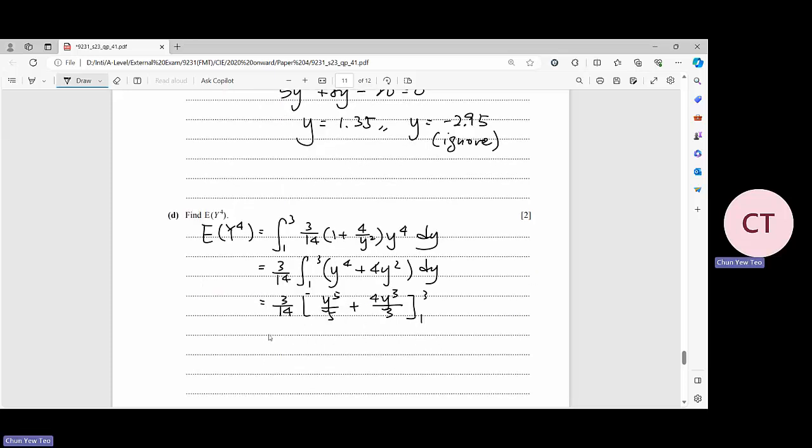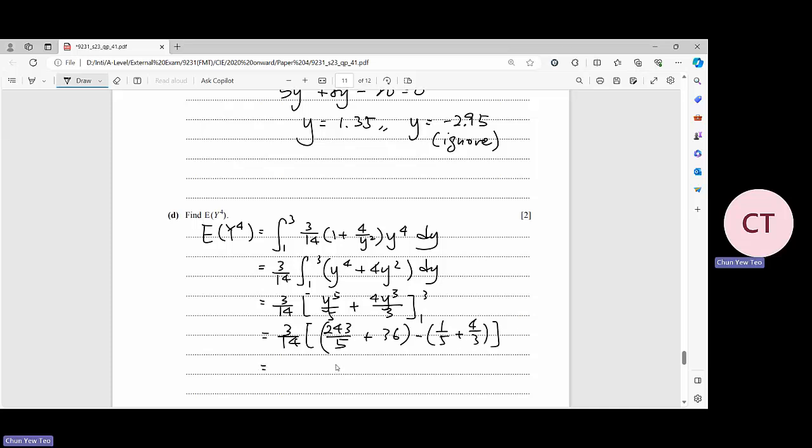So quite straightforward actually. Just substitute the values in: 243 over 5 plus 36, minus 1 over 5 plus 4 over 3.